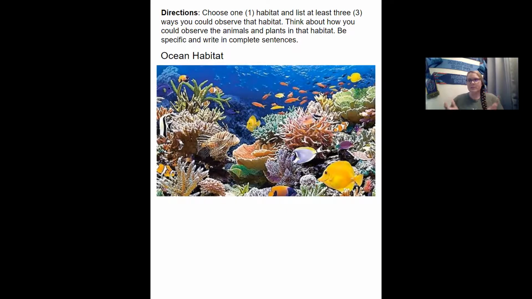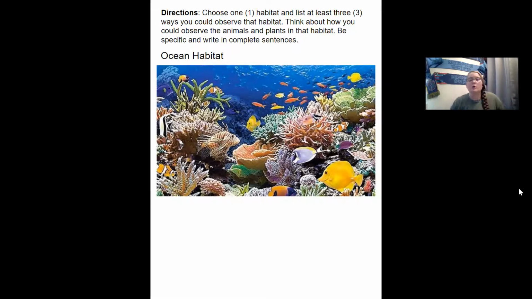So this is the part where we are taking what we saw the child do in My Nature Notebook, and we are applying it to a different habitat. So remember, we're going back into the book and apply what we learned in the book to our own habitats.